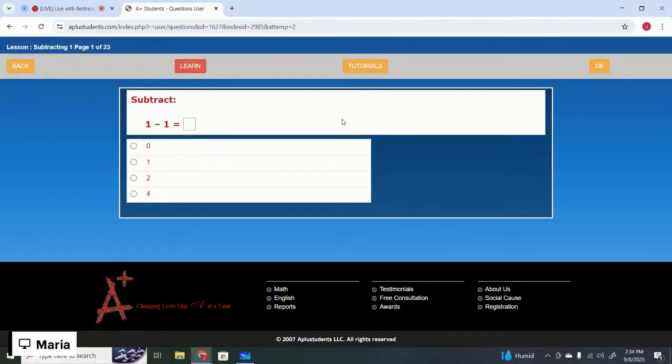Subtracting a number from itself always makes a 0. One take away 1 is 0. Option number 1 is the correct option.